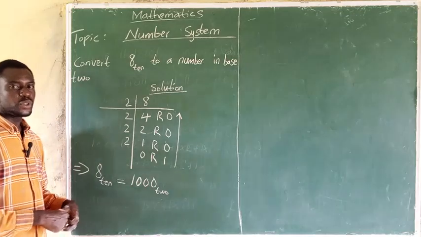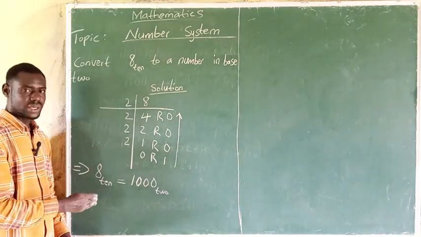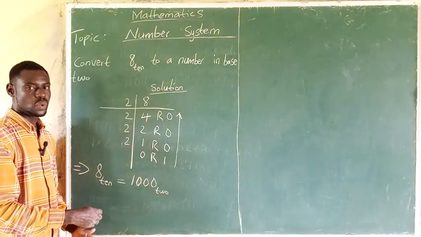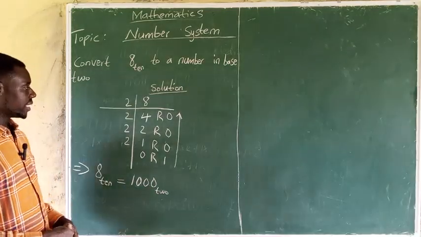This is how you convert from base 10 to a binary number, base 2. So it is very simple.